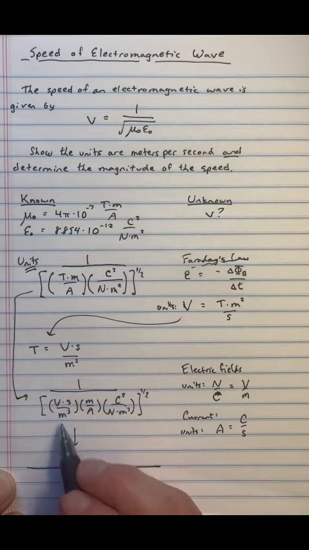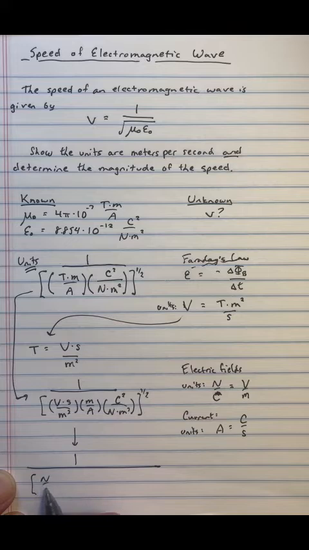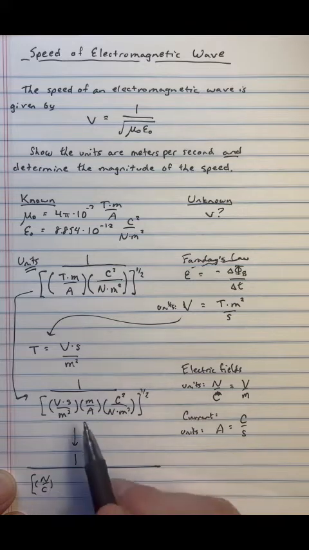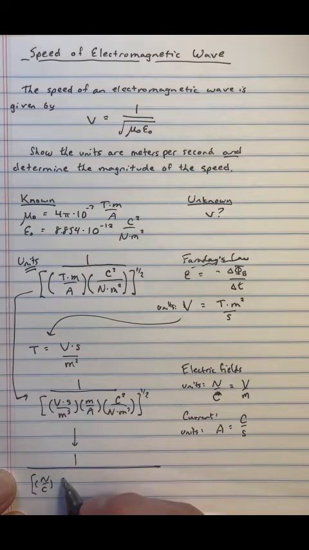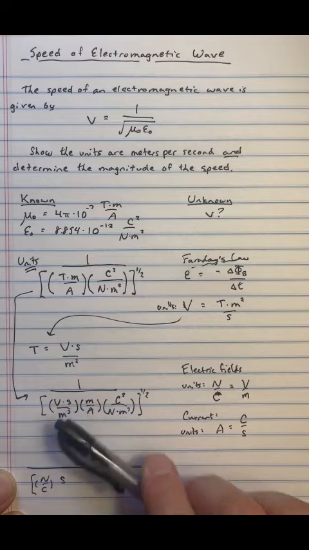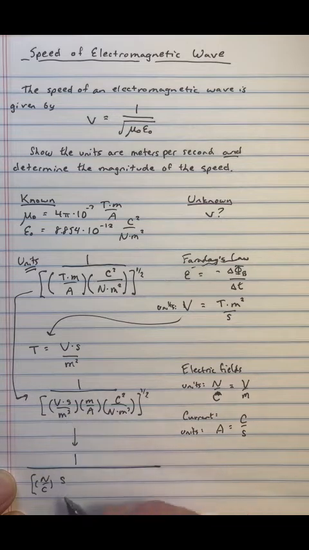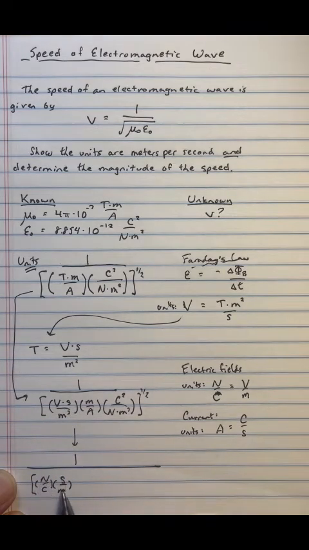All right. So next step. This volt and one of those meters, I'm going to take and put in a newton per coulomb instead. Now, let's be careful here. That means I leave behind this second, that wasn't part of it, and one of those meters. I only needed one of the meters for volts per meter, right? If you look carefully. So pick up one of those other meters there, like that. So volts times seconds per meter squared, I can rearrange like this.